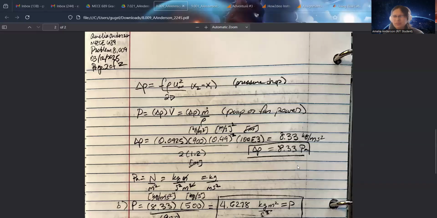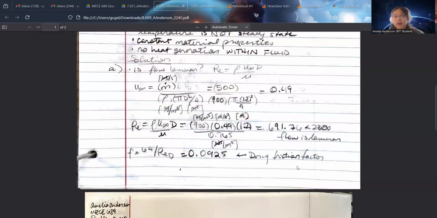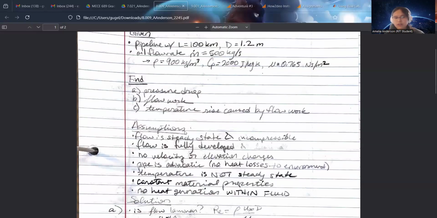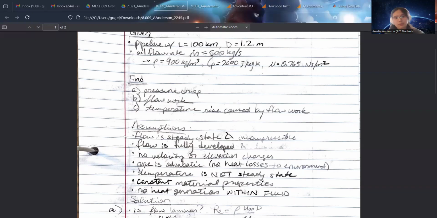So our pressure drop is only about 8 pascals. I should mention the reason that we are doing this is that typically the flow work, the pressure drop and the temperature rise are assumed to be negligible for steady incompressible flows, and we would just like to corroborate that, right?